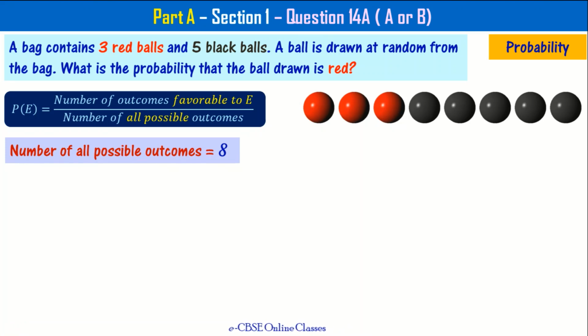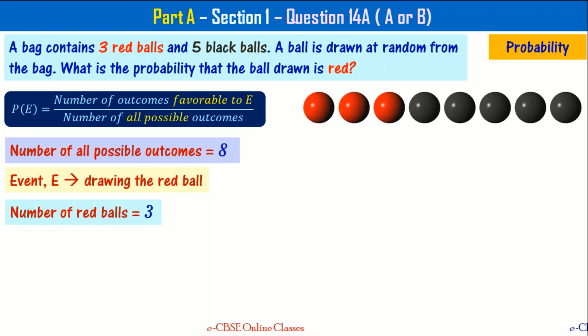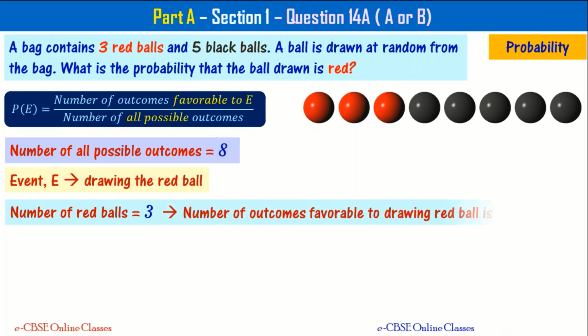Let's see what is the value of the numerator in the equation. For that, we have to say what is the event E. Event E is drawing the red ball. So we have seen from the figure that the number of red balls is equal to 3. It means that the number of outcomes favorable to drawing a red ball is 3, which means 3 red balls can be picked, right?